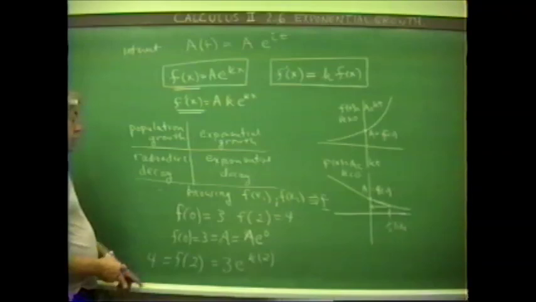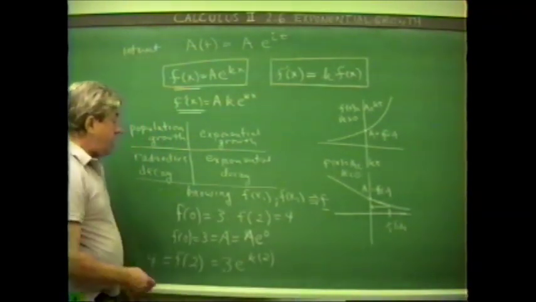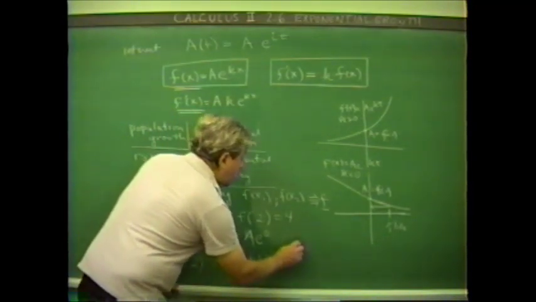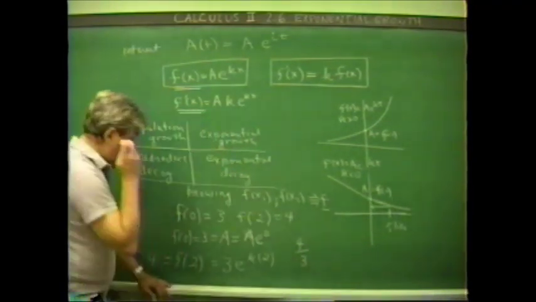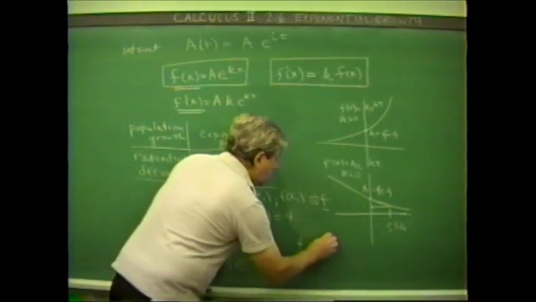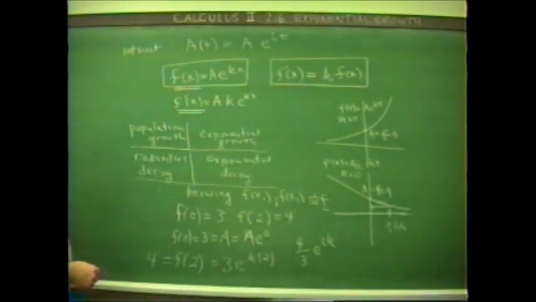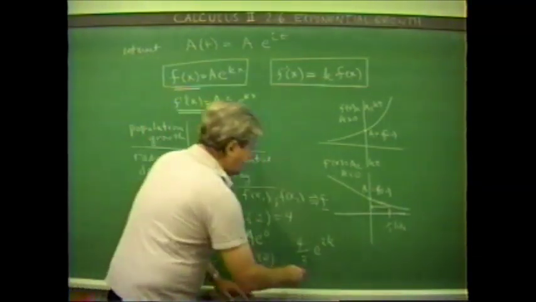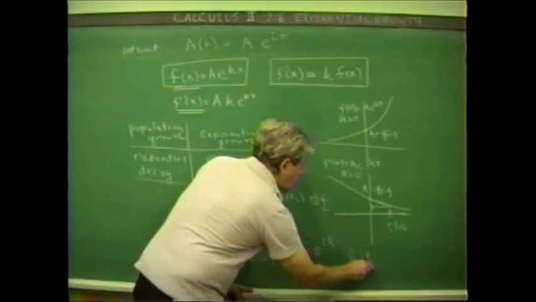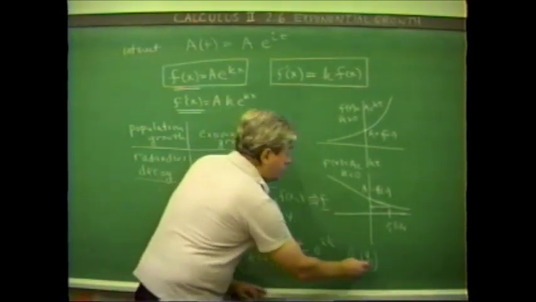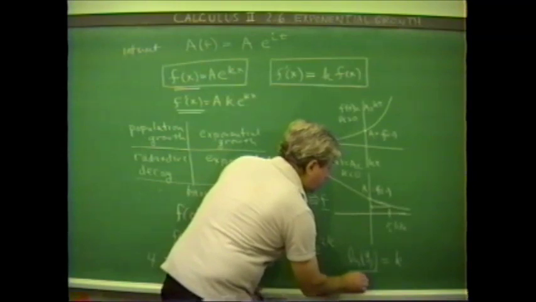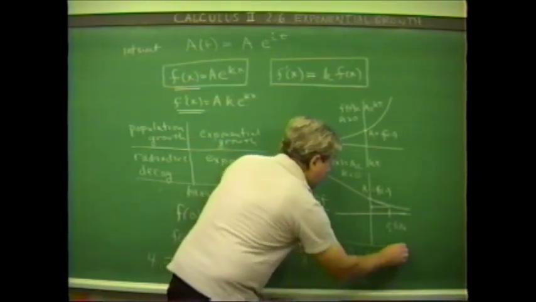So 4 equals 3e to the 2k. If we divide both sides by 3, we get 4/3 is equal to e to the 2k. If we now take the logarithm of both sides, we get the logarithm of 4/3 is 2k, so that k is equal to the logarithm of 4/3 divided by 2, and we have k here.